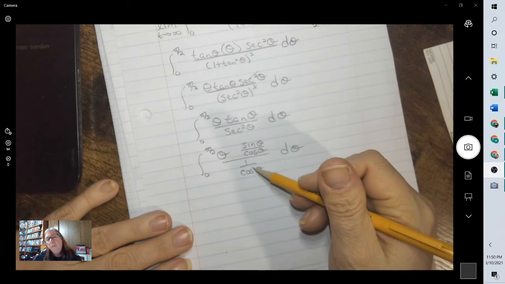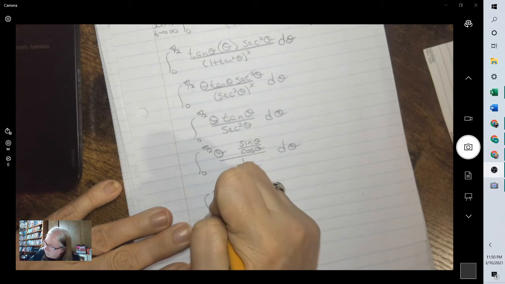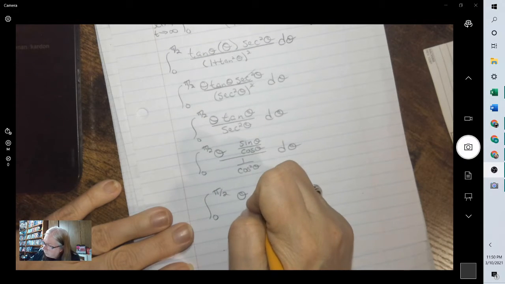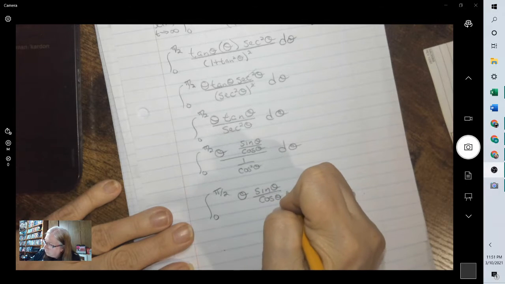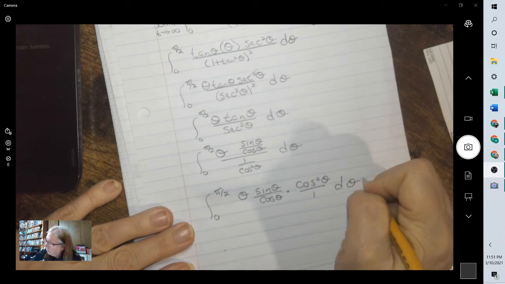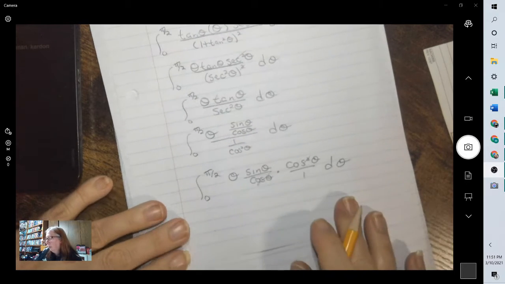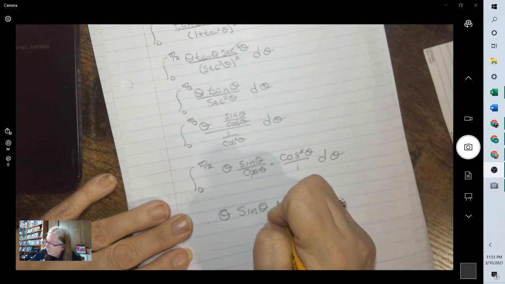When you're dividing by a fraction, you can flip it and multiply. And this will cancel with one of those.